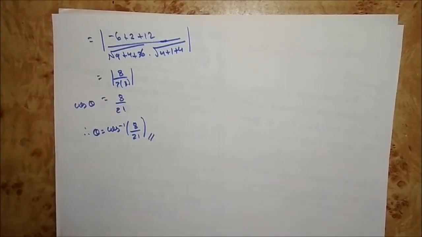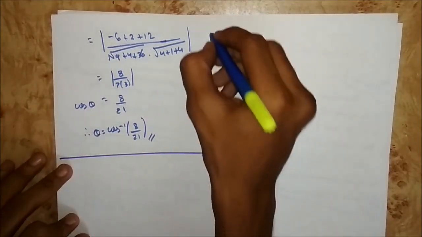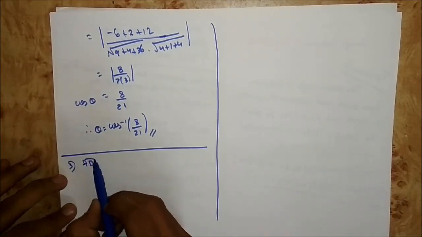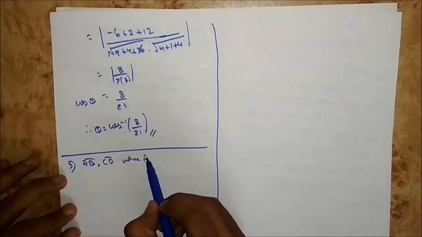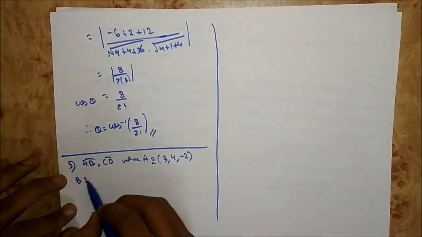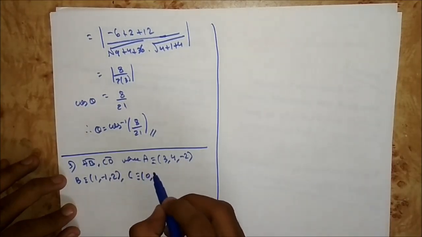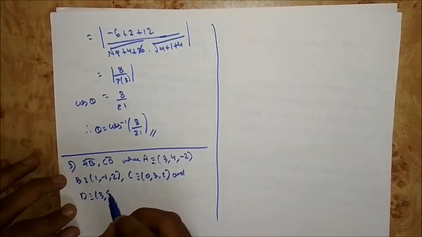Now we'll do another sum. The question says show that the vector AB is perpendicular to CD, where A is 3, 4, -2, B is 1, -1, 2, C is 0, 3, 2 and D is 3, 5, 6.